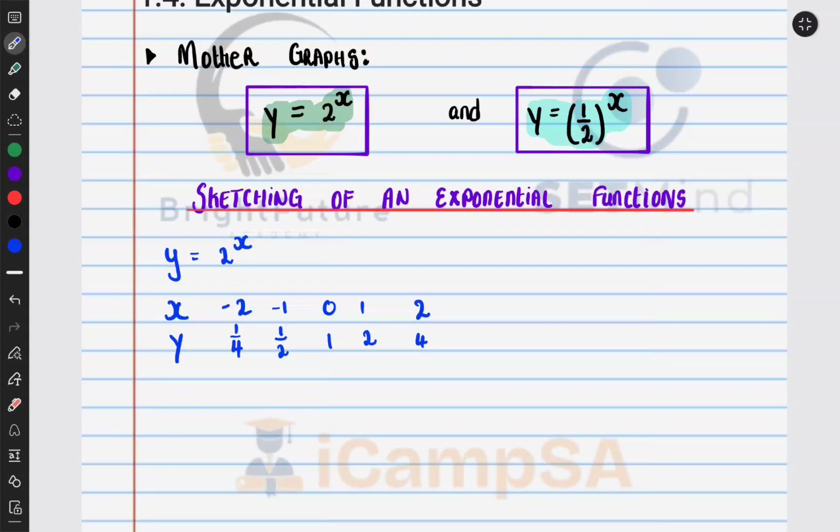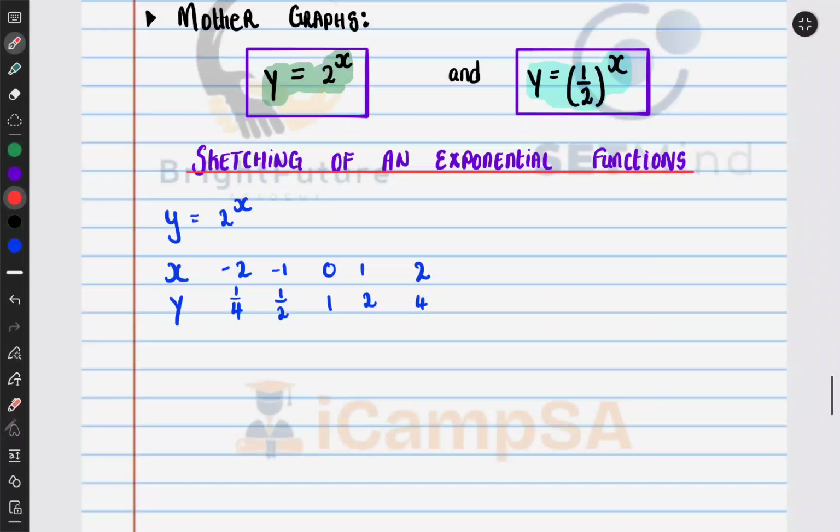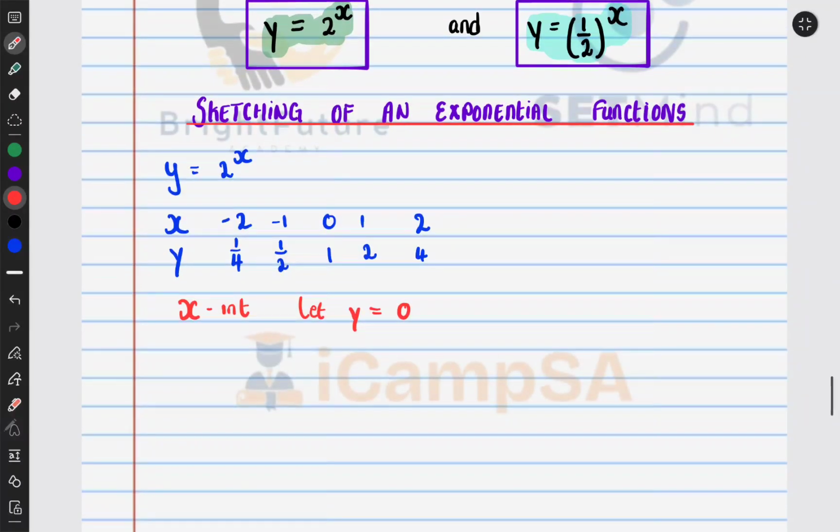Now that we have those, we have your y-intercept at 1, because where x is equal to 0, that will be your y-intercept. Let's see if we are able to find an x-intercept. We let y equal to 0. Therefore, we have 0 is equal to 2 to the power of x.